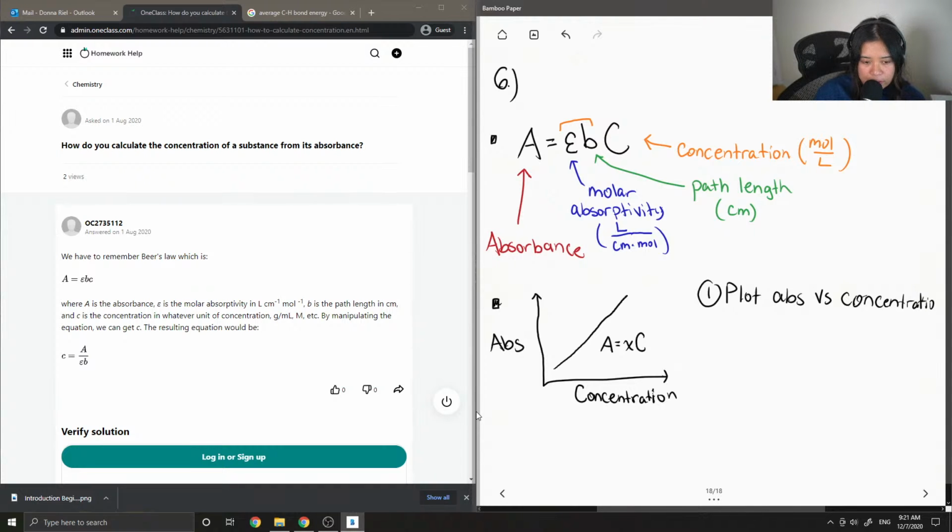And then using Excel or Sigma plot, you can find the equation of your line.